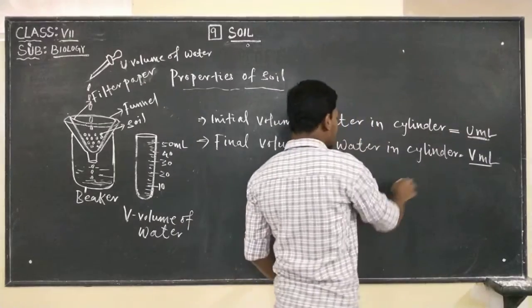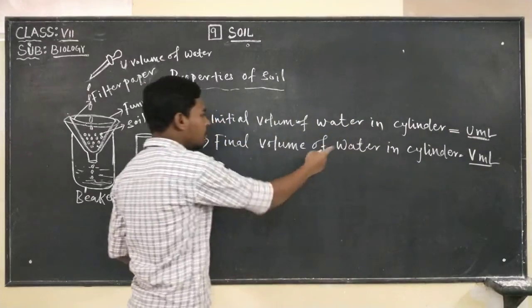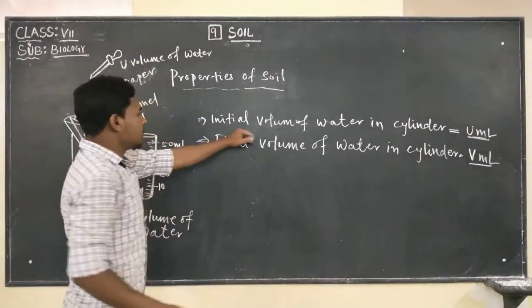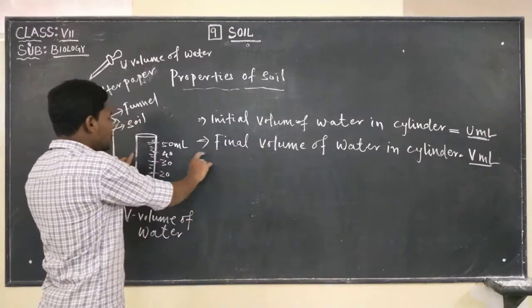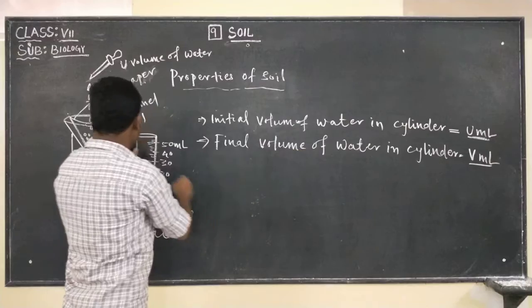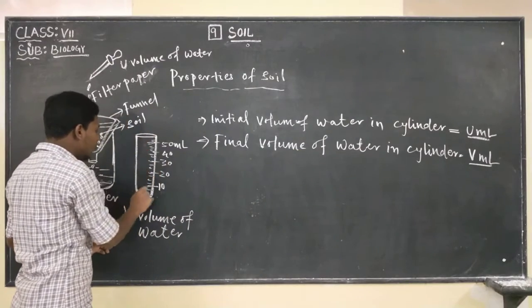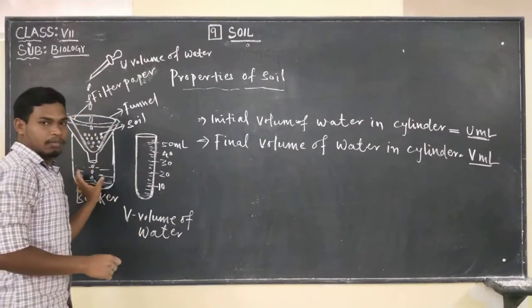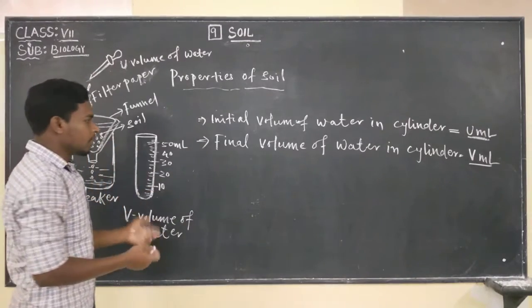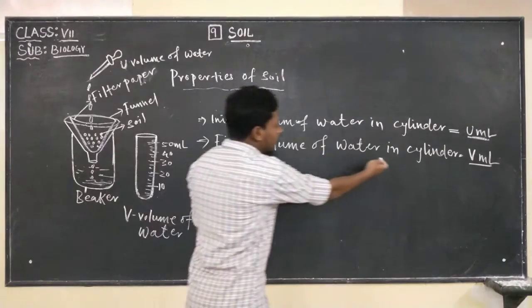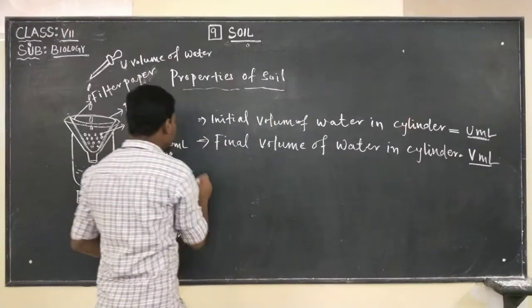Final volume is V ml, initial volume is U ml. Why again in the cylinder? Because after collection of the water, we will pour the water into the cylinder again for measuring. So the final volume of water in the cylinder is V ml.